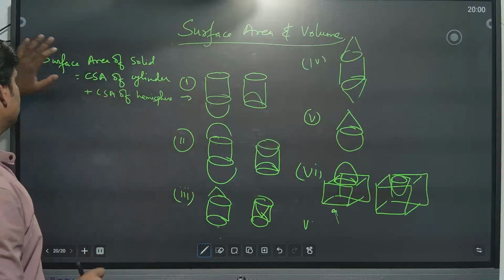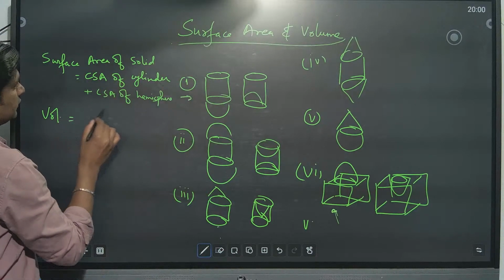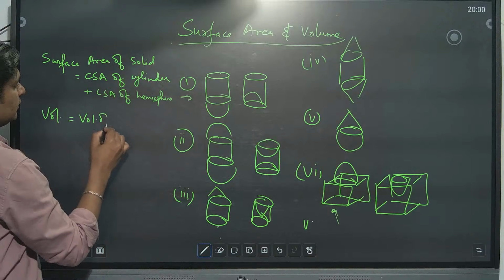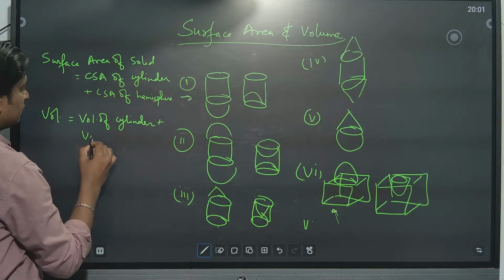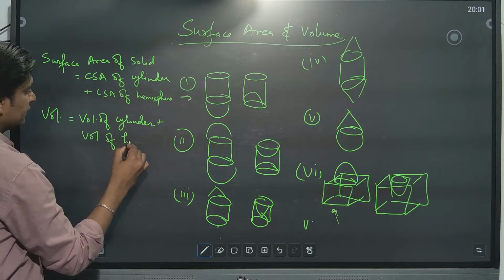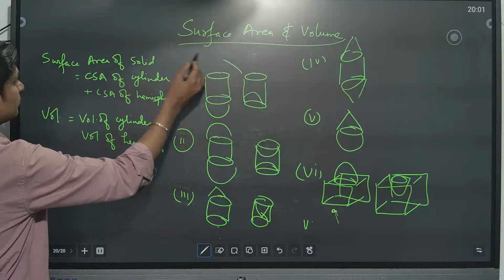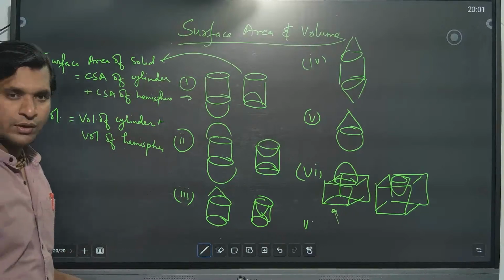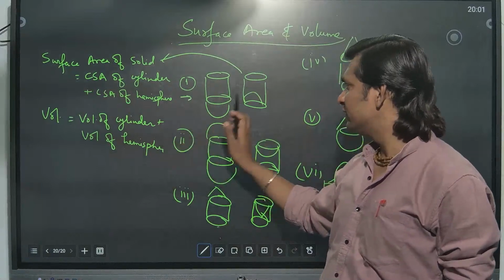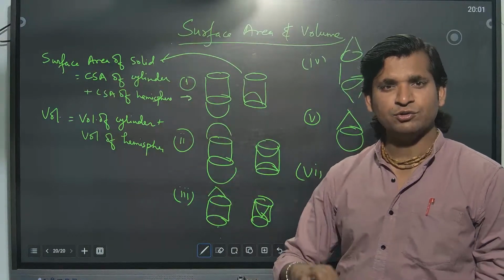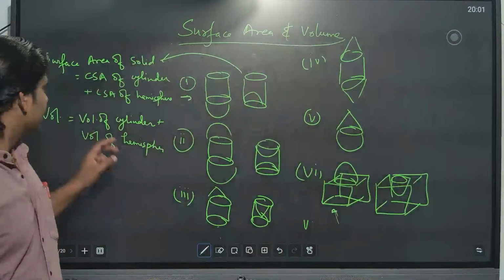If it is volume, again the same: volume of cylinder plus volume of hemisphere. For these two, this formula is the same. But in this case, the formula will differ. During solving the problems, I will discuss. Now this is for curved.